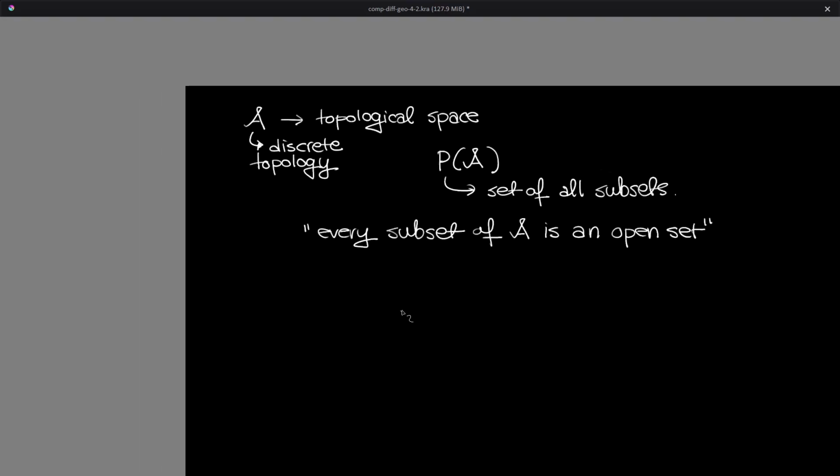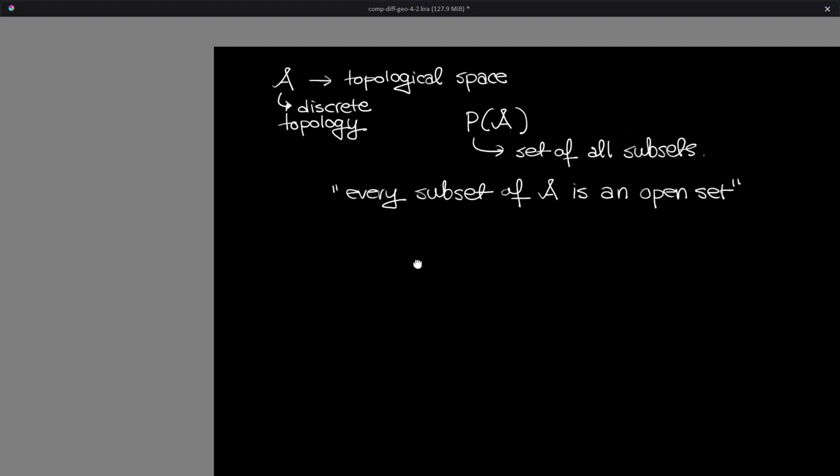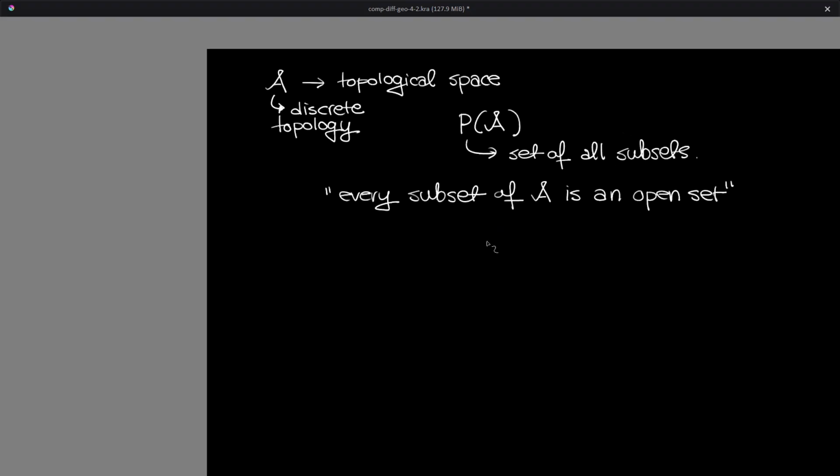Okay, so now that we've made a topological space, we can now look at this set M cross F cross A, and remember, we called this the local trivialization.